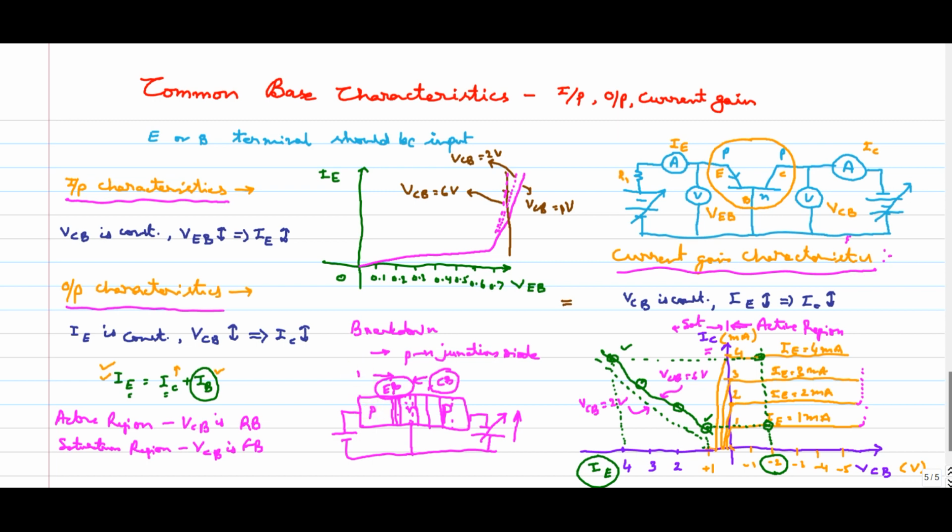At this time, huge collector current will flow. This condition is called the punch through effect or reach through effect. This effect is very important, so please make a note of it. It comes under breakdown. At this stage, huge collector current will flow and it can damage the device also.